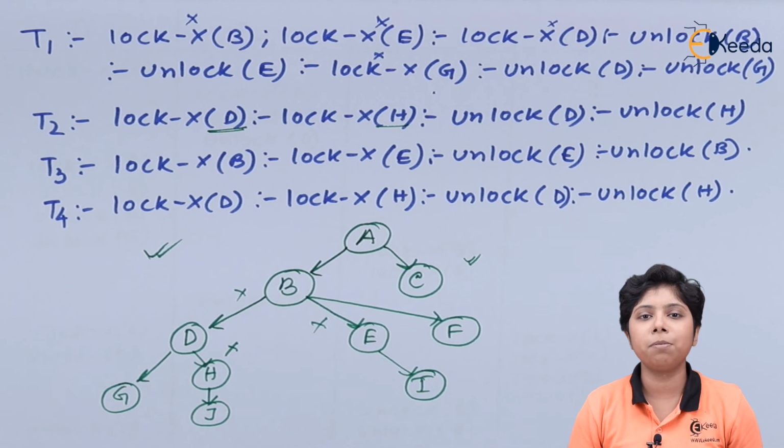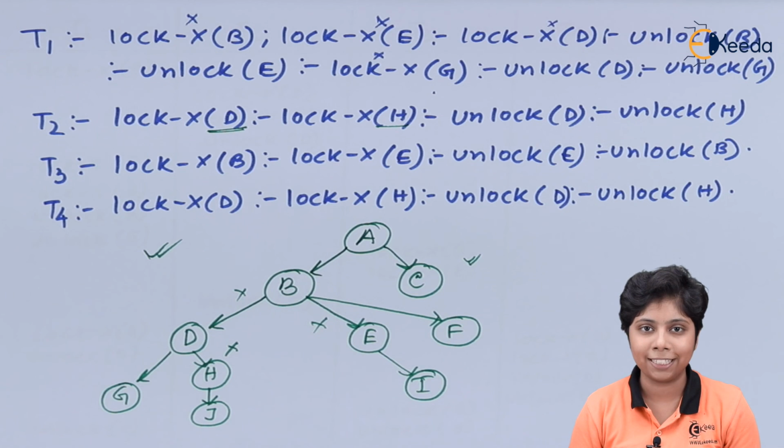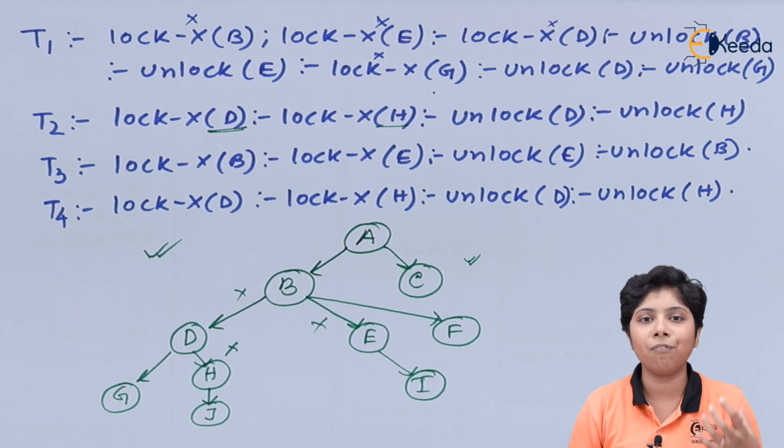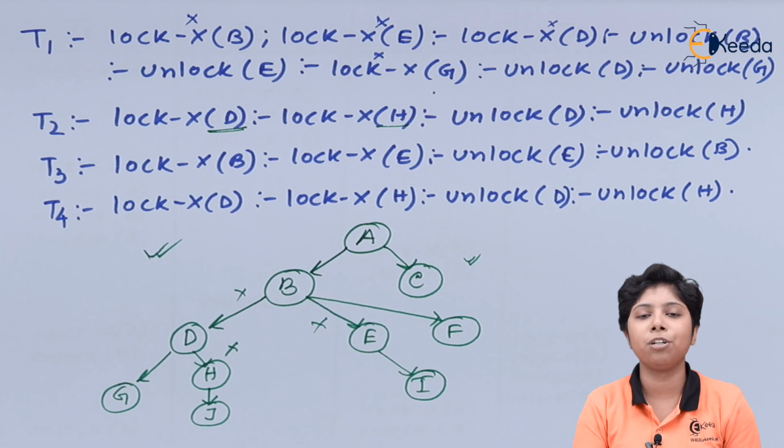But the main problem with the tree locking protocol and the two-phase locking protocol is that sometimes there are conflict serializable schedules possible with the tree locking protocol but not with the two-phase locking protocol, and sometimes the two-phase locking protocol can produce conflict serializability when the tree protocol is not able to.